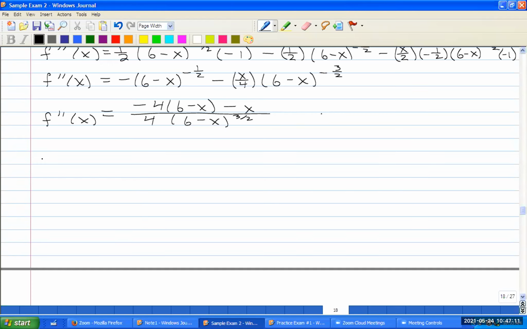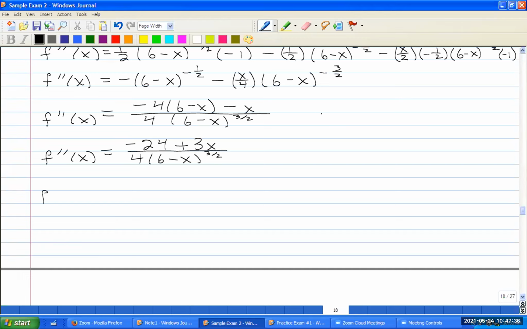And so my second derivative is negative 24x, negative 24 plus 4x minus x is plus 3x, over 4 times 6 minus x to the 3/2.